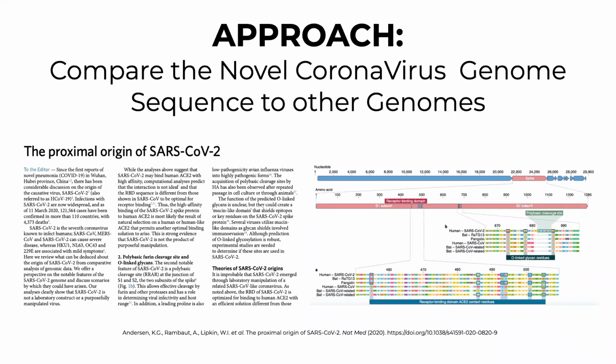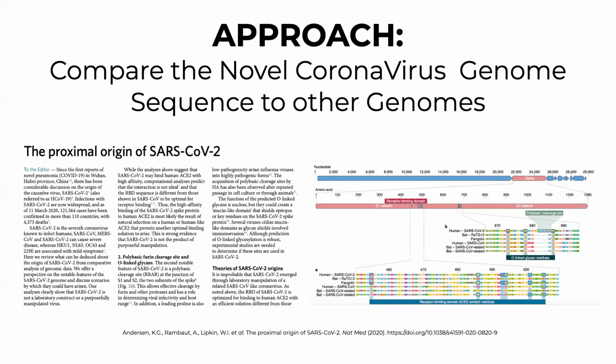And that's why a lot of people had these questions: where did it come from, and what is the evidence that it occurred in the market, wherever they said, or any other place, right?